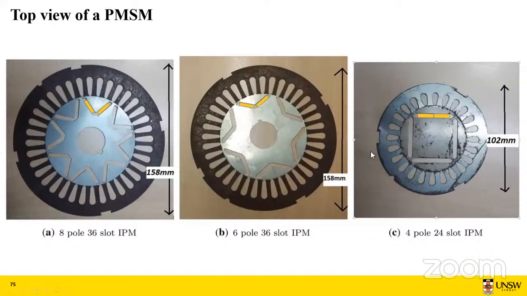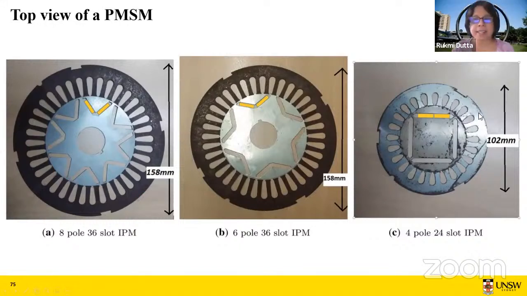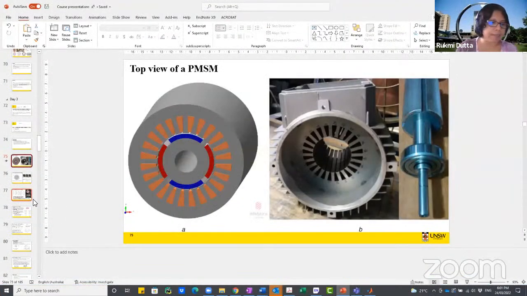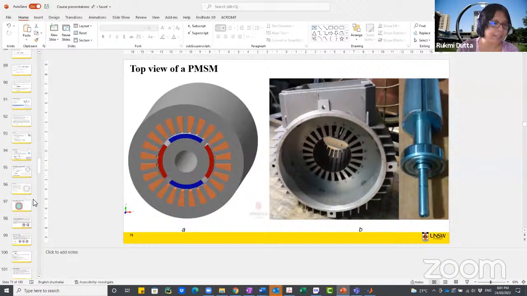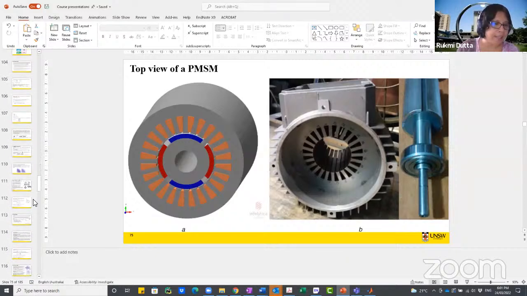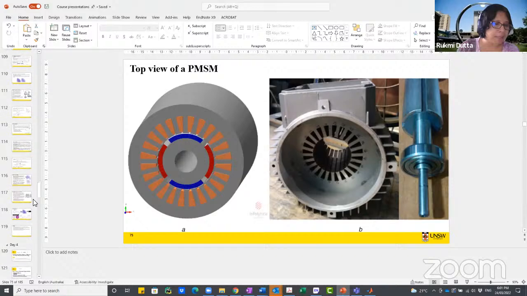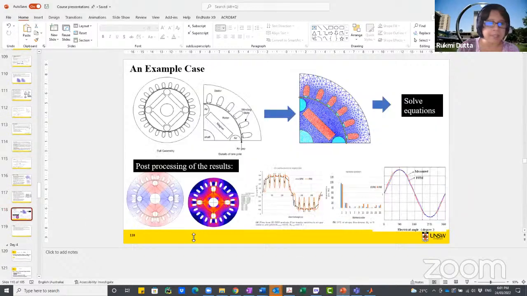So this is your real PMSM machine, right? You want to see the flux path so that you can understand better. Yep, this one will do.